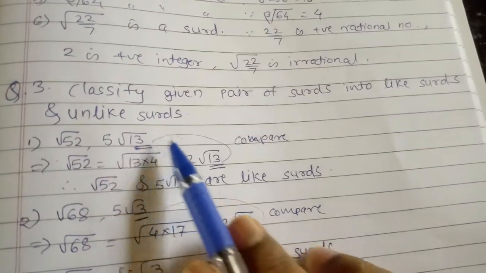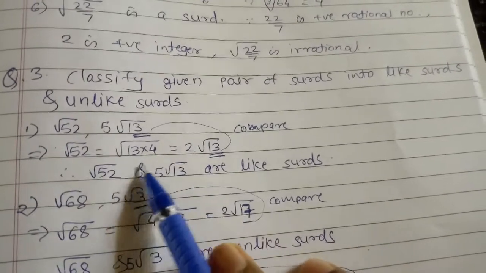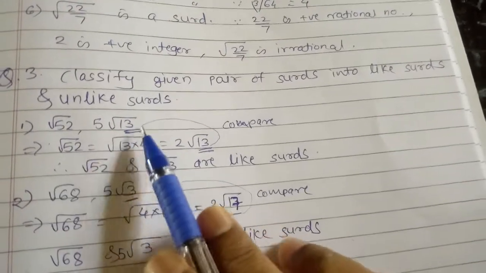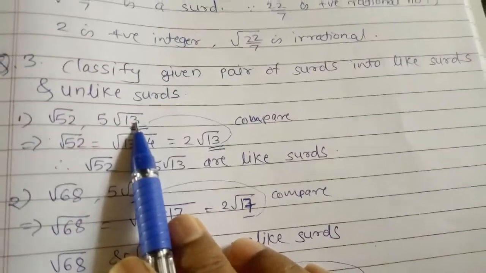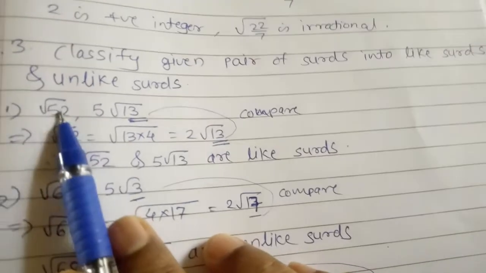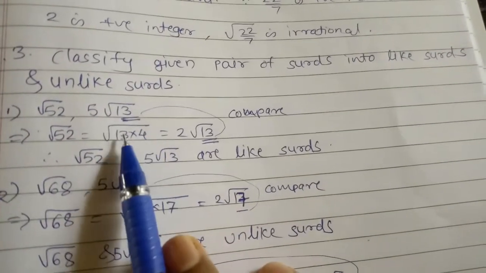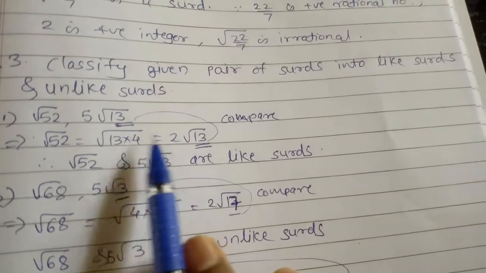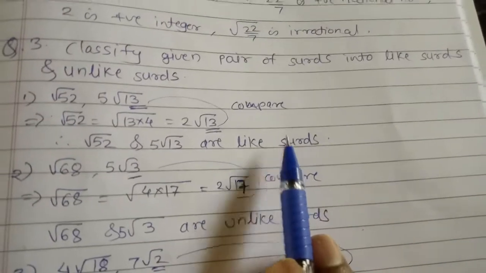The number in the radical sign is the same, so both are like surds. Root 52 and 5 root 13 are like surds. If we just look at it, it seems wrong, but we should solve it. Root 52, we take its factors, 13 into 4, and the square root of 4 is 2, and root 13. So root 13 is the same, so these are like surds.